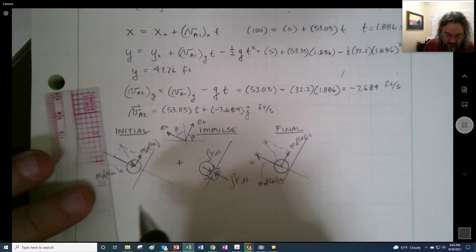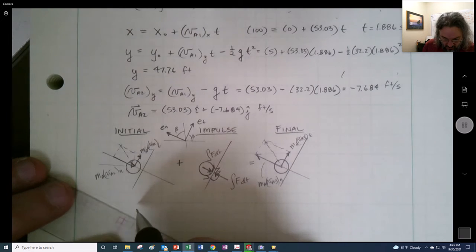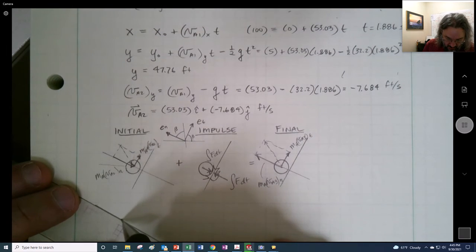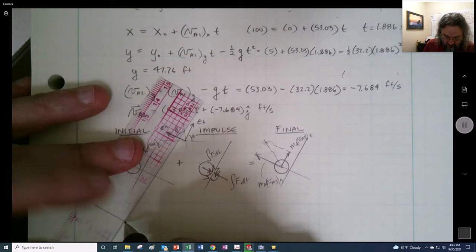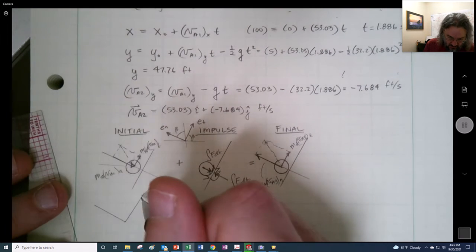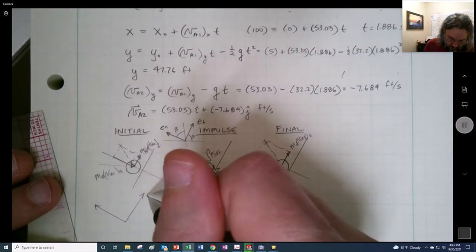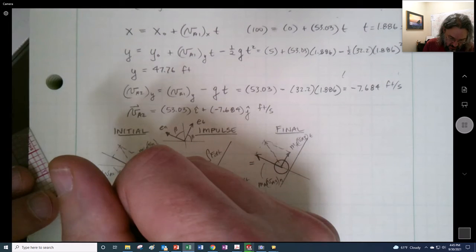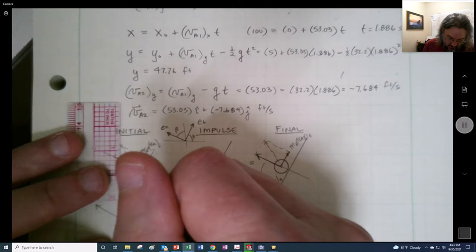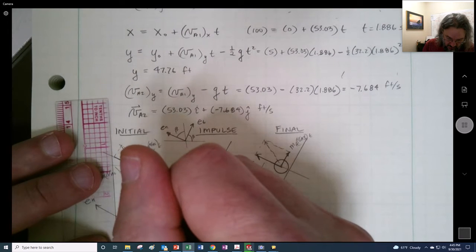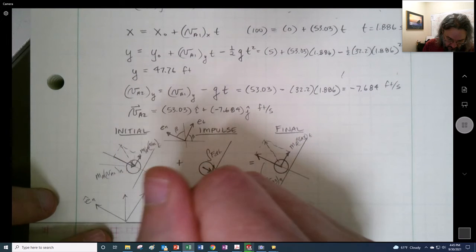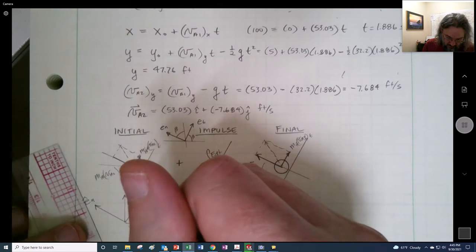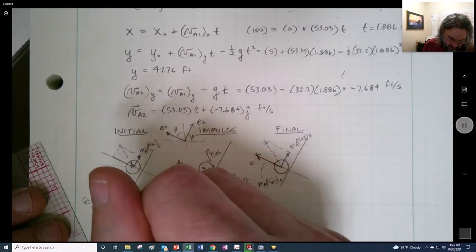Now, I think it's going to be easier to turn this into normal and tangential by creating another coordinate transformation array, right? So I kind of started it up there, but I'll repeat it right here. Hopefully I'll do it right. Here's ET, and here's EN, and here is our J. Here's I. Here's beta.